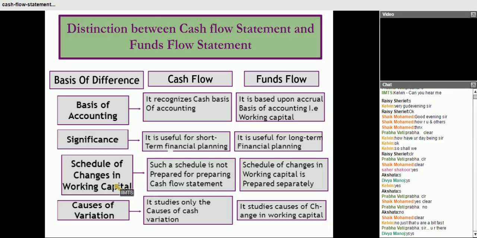Schedule of changes in working capital. Such a schedule is not prepared for preparing cash flow statement. Schedule of changes in working capital is prepared separately. Causes of variation. It studies only the causes of cash variation, and the fund flow studies the causes of change in working capital.